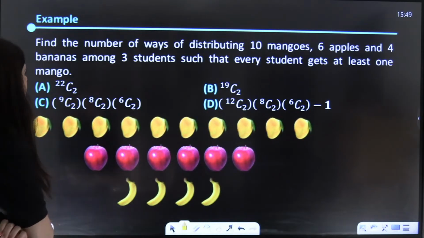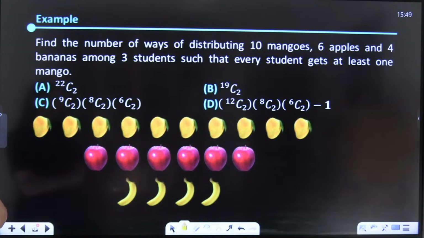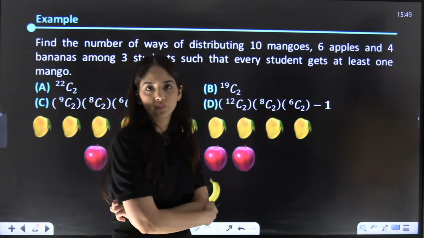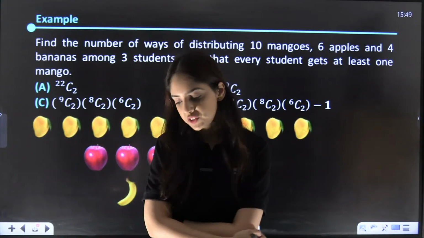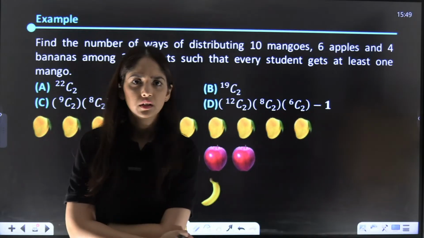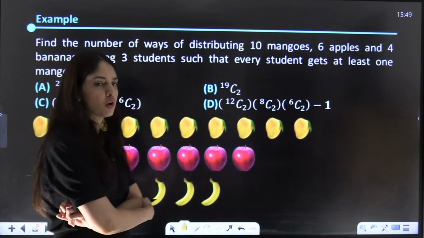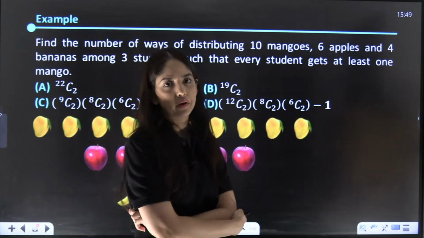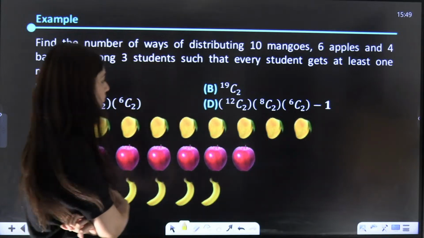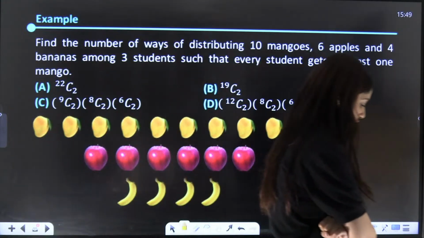Now, find the number of ways of distributing 10 mangoes, 6 apples and 4 bananas among 3 students such that every student gets at least 1 mango. Try this one carefully. Think logically, do not try to rush the answer, okay? Let me move aside so that you can see the options.